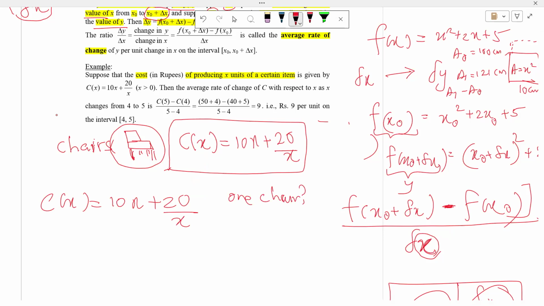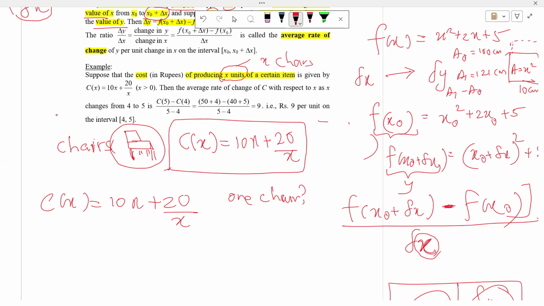In the question, they have clearly mentioned the cost of production for X units, X units means X chairs, is given by this equation 10x plus 20 over X.